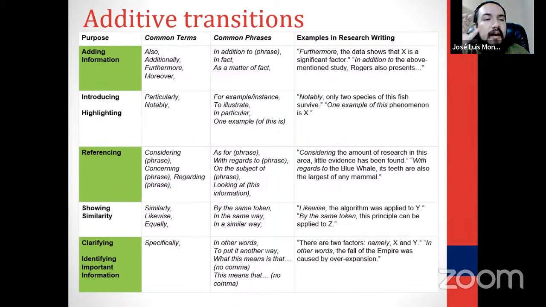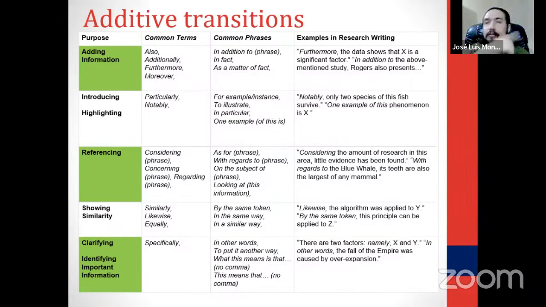So, adding information, you have those common terms. These are only words: also, additionally, furthermore, moreover. They go between complete ideas. You don't usually use these transition words with short ideas; usually you have longer ideas.